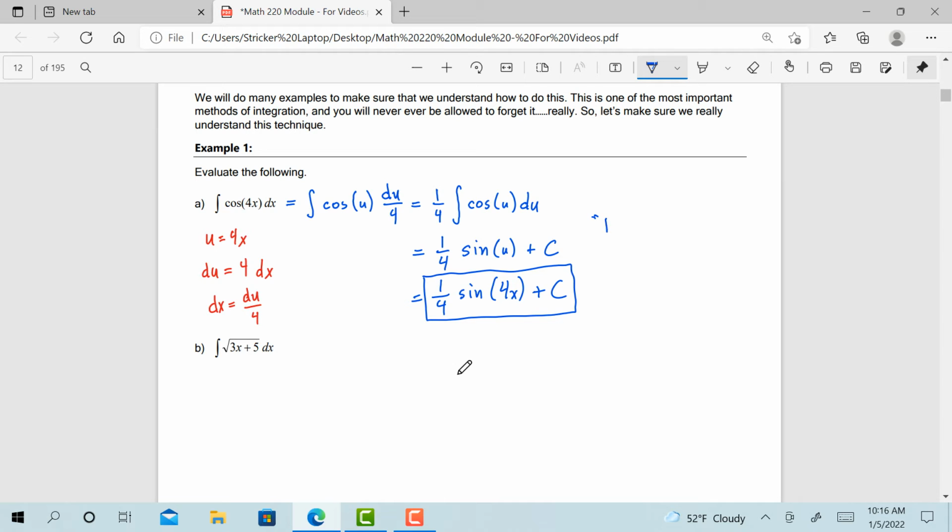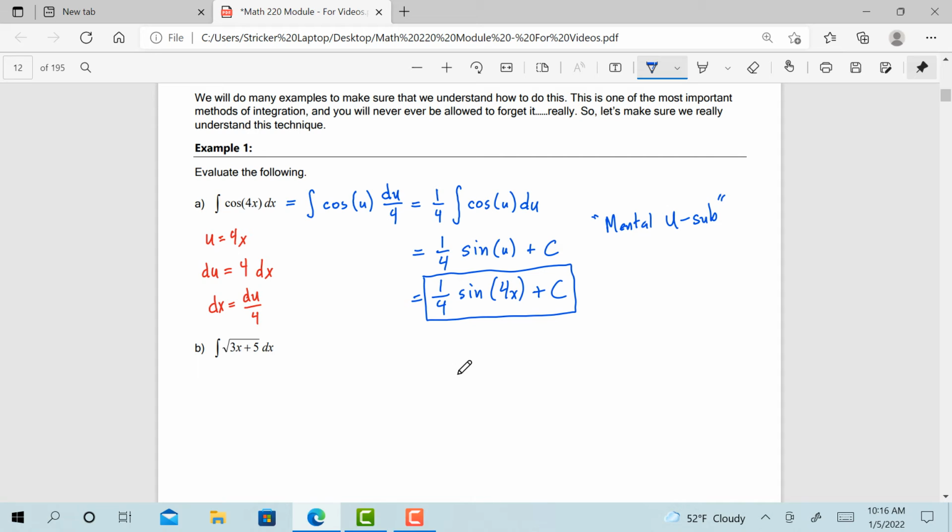Your teacher may have also talked about being able to perform a mental u sub, and that's what you get anytime you have one of these simple integrals where the inside function is just a constant times x. You're always going to end up with 1 over that constant out front.